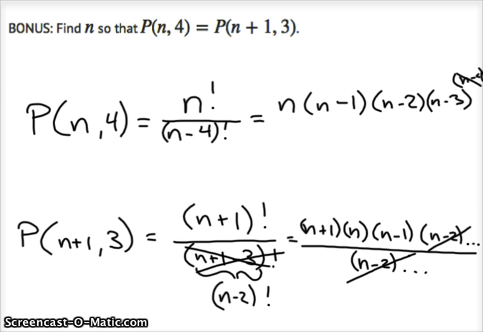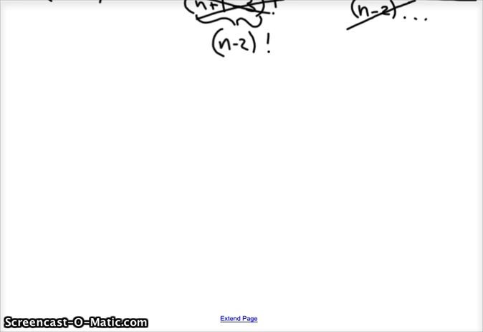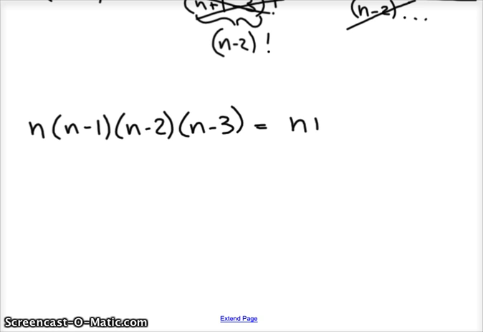So I want these two permutations to be equal. So I'm actually going to drop down here a little bit, expand my page, and just write them in a straight line with an equal sign. So in the top, you guys remember, I'll have n, n minus 1, n minus 2, and n minus 3 has to equal n plus 1 times n times n minus 1.